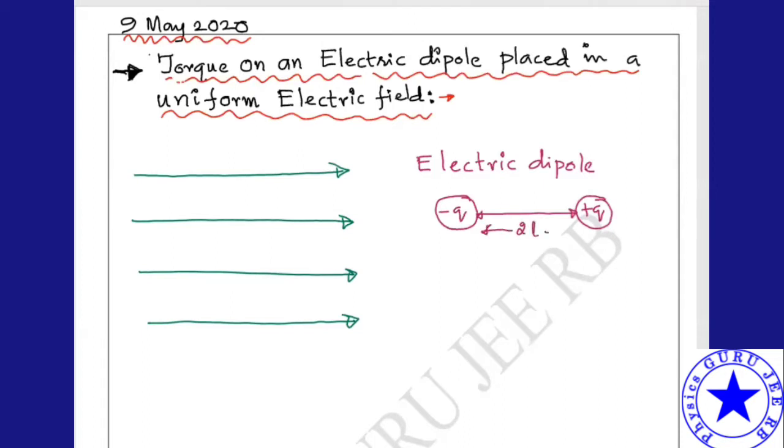From the negative charge to the center is L, and from the positive charge to the center is L. This is what we call an electric dipole. Is it clear?